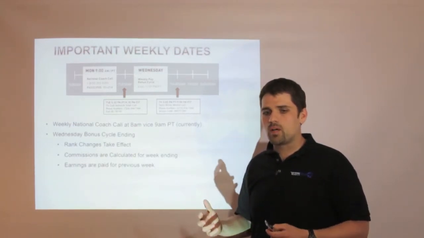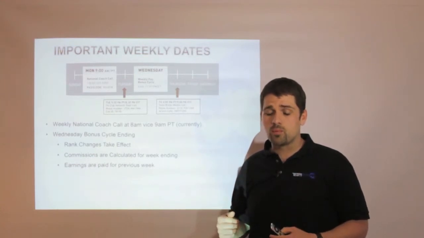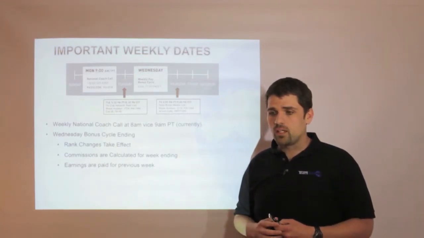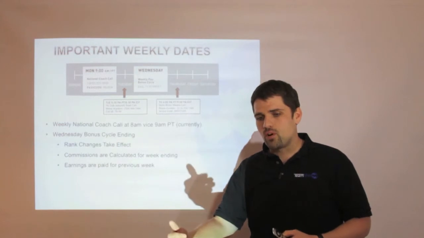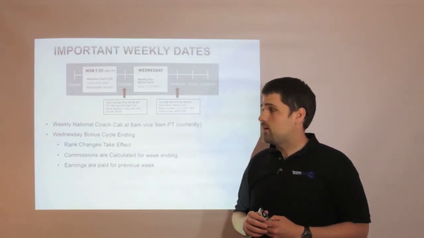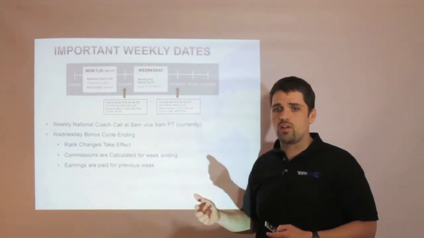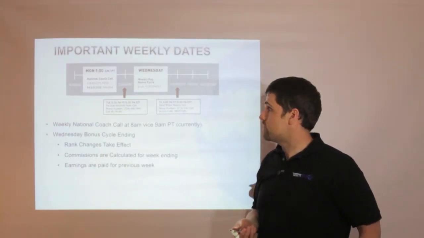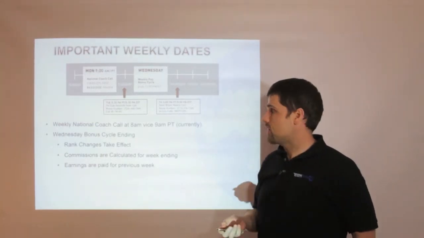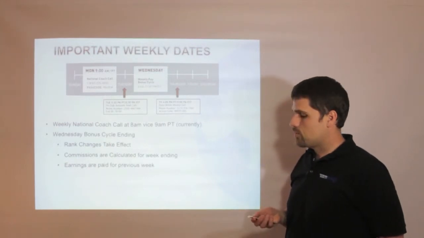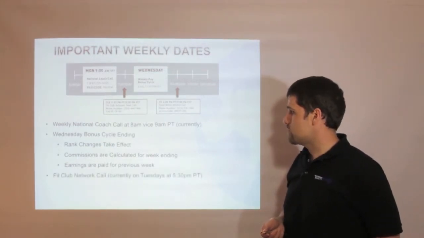So if you sign up a couple of coaches and you think you're going to go Emerald, which we'll talk about a little bit later, that rank advancement happens on Thursday. All your commissions are calculated, your earnings are paid, all that stuff happens at 11:59 p.m. on Wednesday night. Okay, so that's important weekly dates on your dashboard.